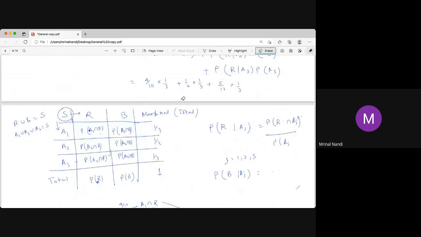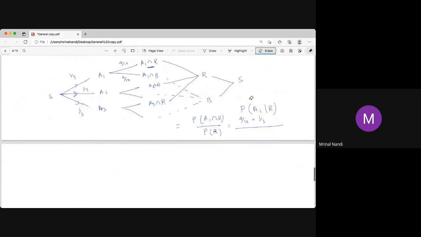If you take 1 by 3 common, it is 4 by 10, half, and 5 by 15... So 4 by 10 divided by the sum, with common denominator 60, it is 24, 30, then 25. The sum is 79. So 24 by 79.